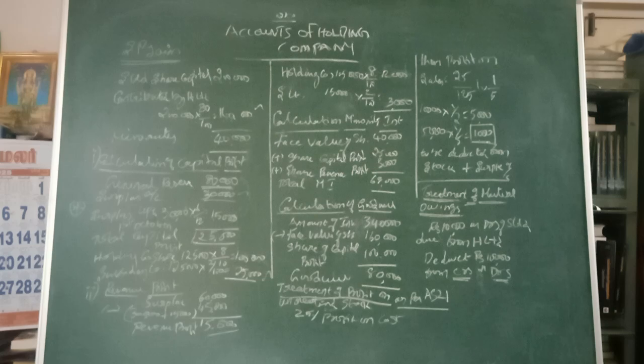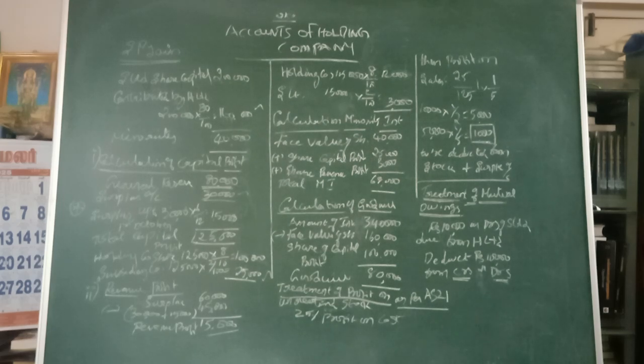And another: this is included as a profit along with the stock, so 1,000 rupees should be deducted from the stock. The second effect is the same 1,000 rupees deducted from the P&L account.